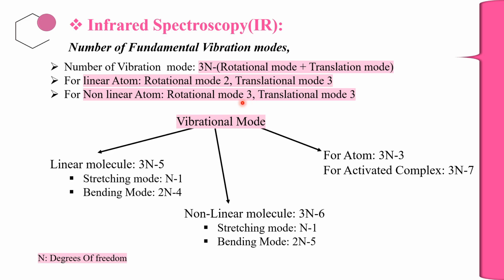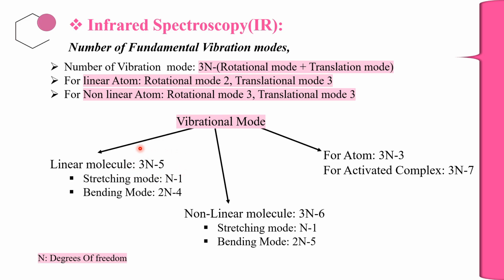But in the case of non-linear, three different axes are used to rotate the molecule, and that's why there are three rotational modes in a non-linear molecule. So the vibrational mode for a linear molecule is 3n minus 5, where 2 is contributed from rotational and 3 is contributed from translational.